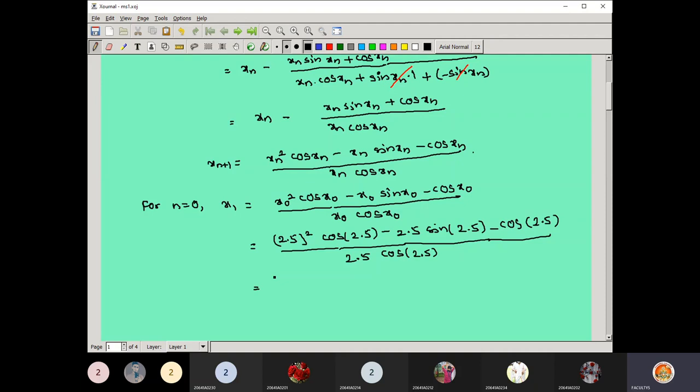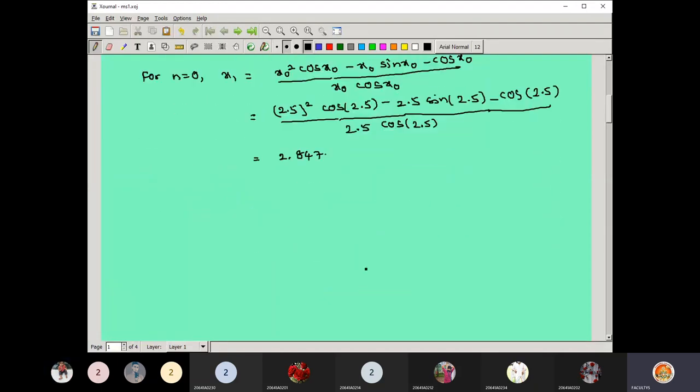Overall it is divided by 2.5 multiplied by cos of 2.5. Finally press the equal button. How much are you getting? 2.847. Right, 2.847. So we got our first approximate root x1.